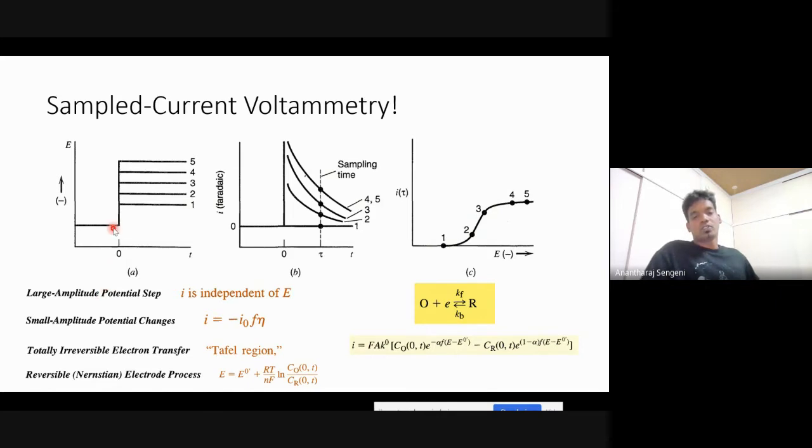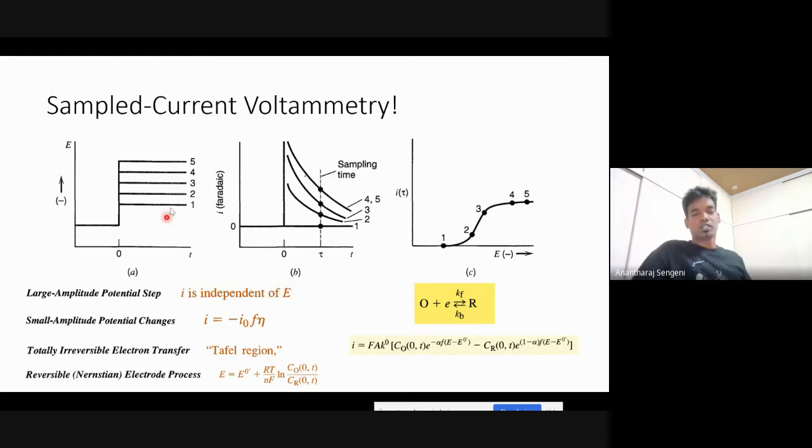But we can also step up the potential at a large amplitude, right away to a potential which is beyond the step 5. So in that case, current is independent of potential, because now the reaction is totally controlled by diffusion. So it doesn't matter how much you increase the potential, the current density will always be limited solely by the diffusion of the electroactive species.